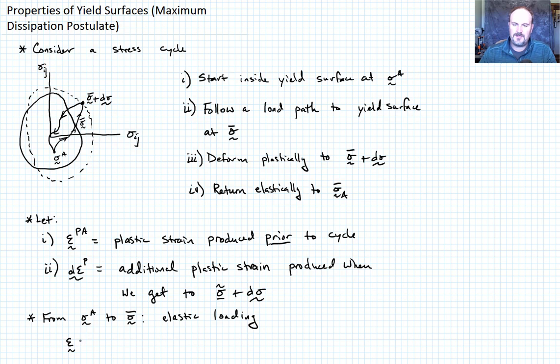Our total strain epsilon at any time in this spot is the elastic component plus whatever the plastic was, epsilon PA. If we wanted to write this with Hooke's law, that's the compliance matrix S times sigma during this load step, plus whatever the plastic strain was. We can call that equation 1.